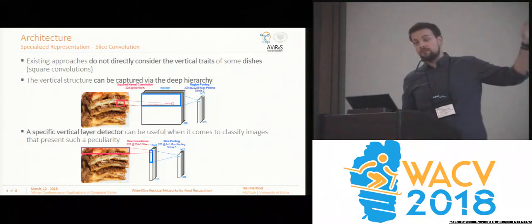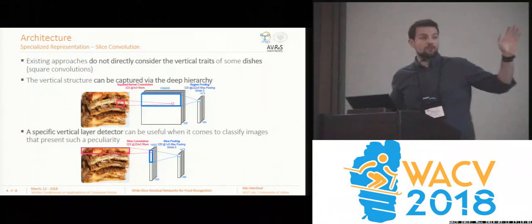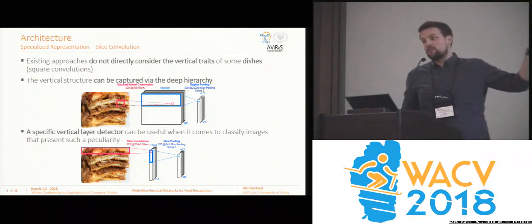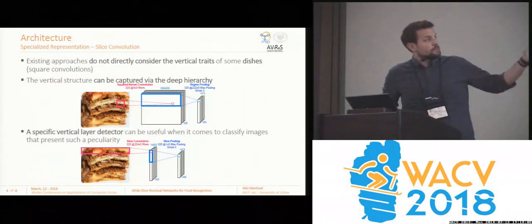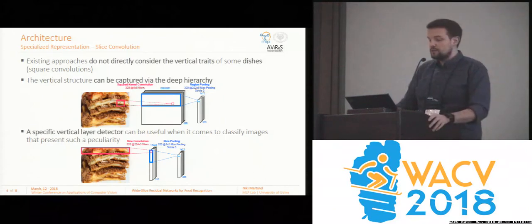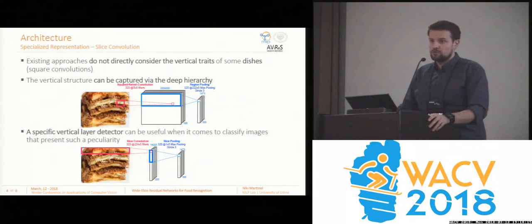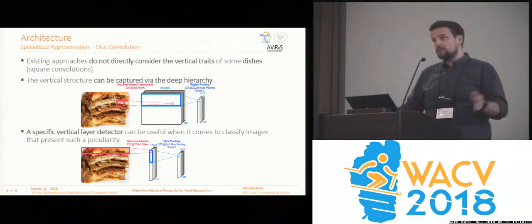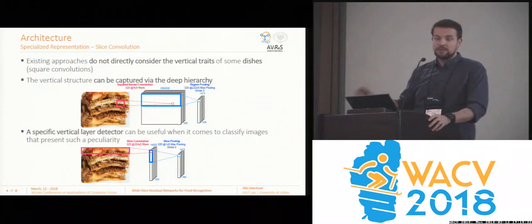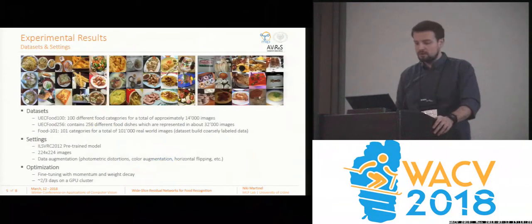The first part represents the normal residual network, where you just have a convolutional filter of some size, either 3 by 3, 5 by 5, or something which you want to use, and the second image down below represents the right part of the architecture, which is the wide slice residual. Here the authors proposed to use a filter of the width of the image, and the size will be appropriate to its slice, as you can see here. With this, you should be able to capture some structural components of the food.